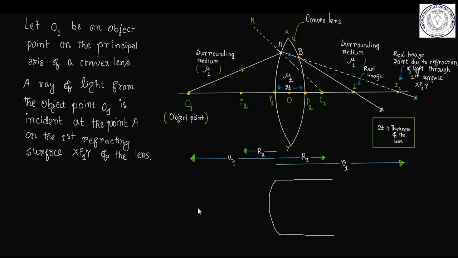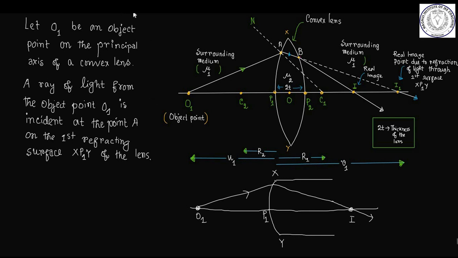Now we can consider that the first refracting surface XP1Y encloses the denser medium of refractive index mu2, which is the material of the lens. The incident ray is traveling along this direction, and the refracted ray after refraction through the first refracting surface in the denser medium of refractive index mu2 will form a real image I1 at a distance V1 in the denser medium, assuming that there is no second refracting surface.